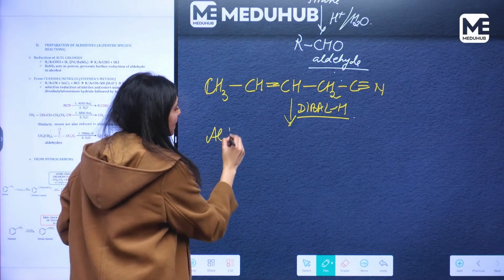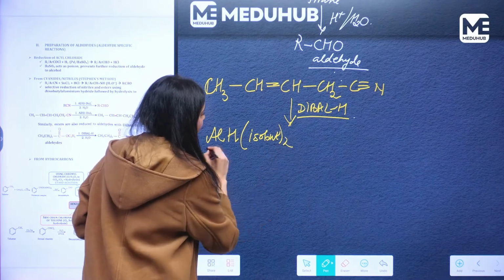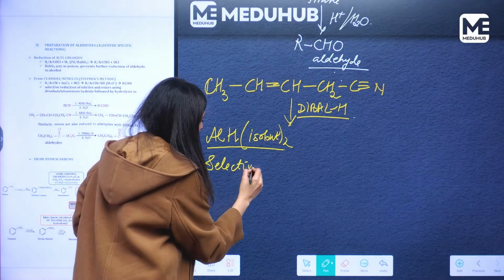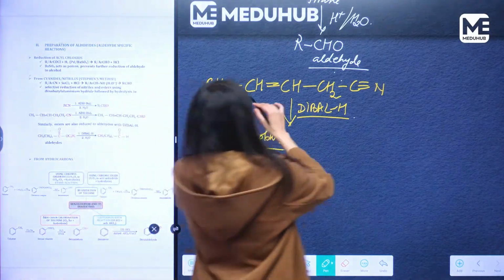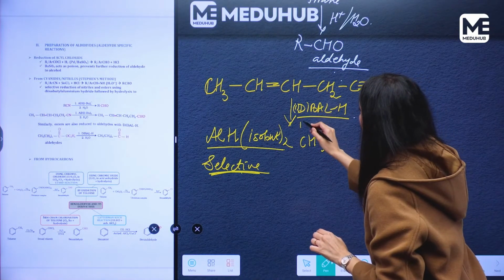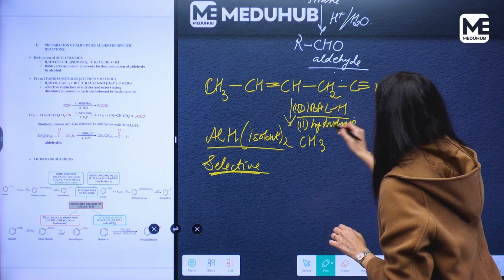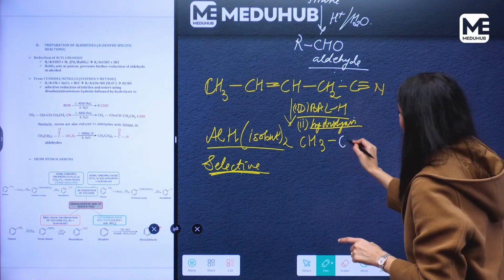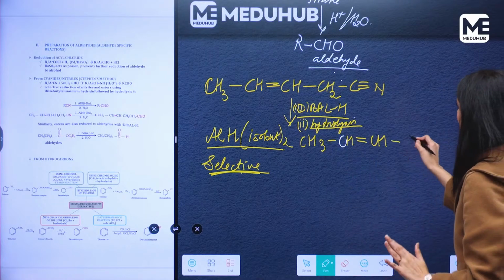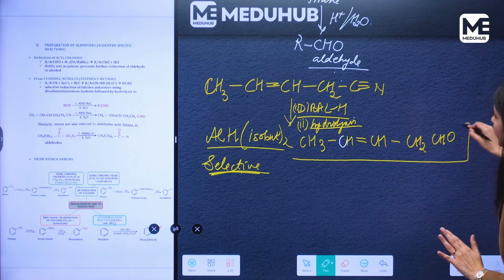So we have aluminium hydride and two isobutyl groups. Using this we can do a selective procedure, followed by hydrolysis, to give us CH3, CH double bond CH. This bond remains unaffected. CH2, CHO. We will get the aldehyde.